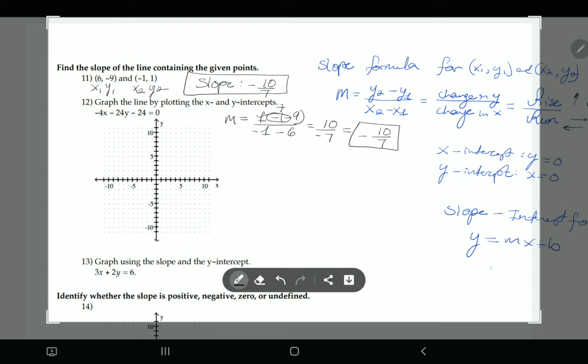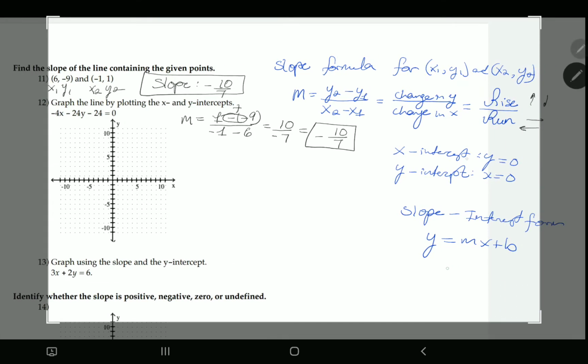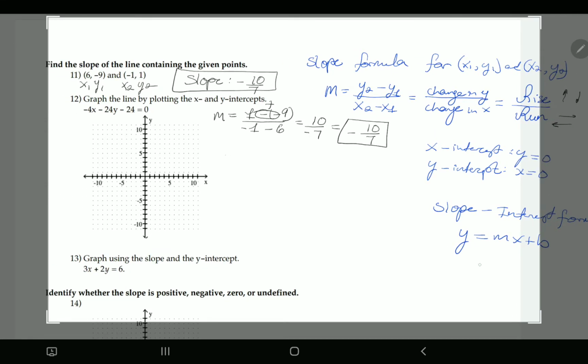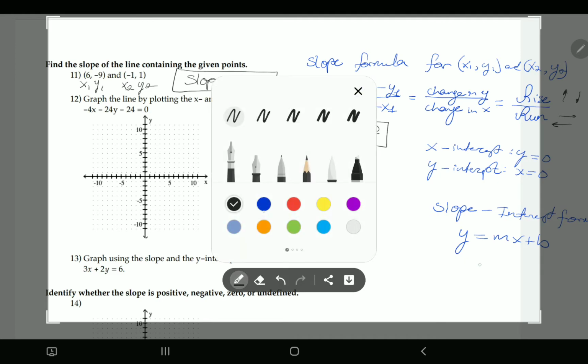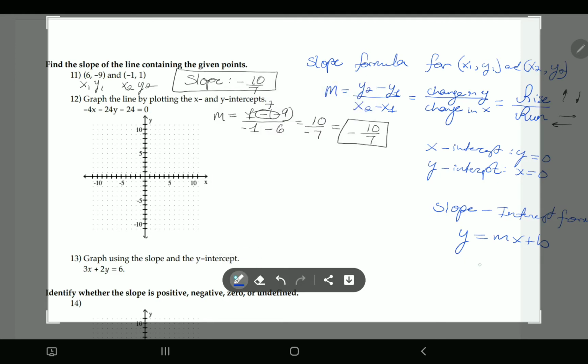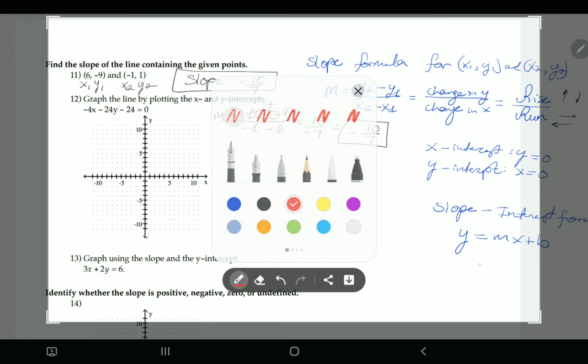Graph the line by plotting the x and y intercepts: -4x minus 24y minus 24 equals 0. We want to find the x-intercept, so we're going to substitute into the equation for y. But before I do that, let's use a different color. Let's use red.